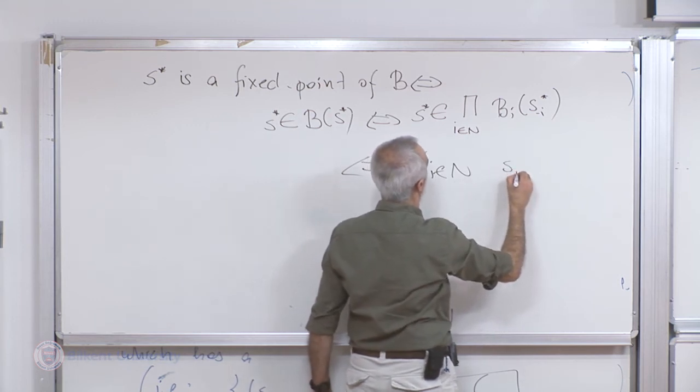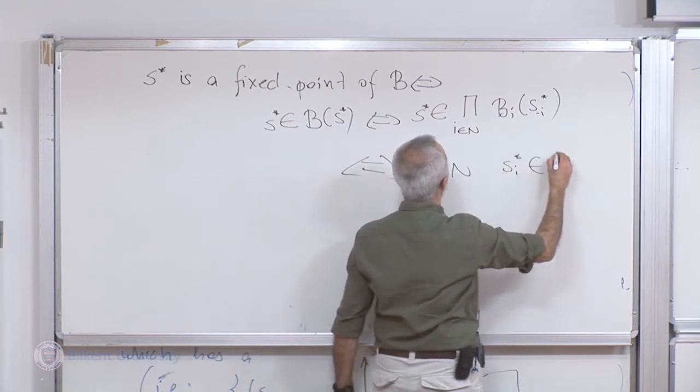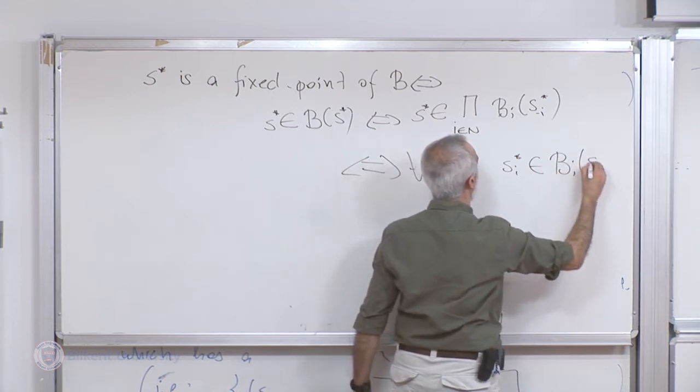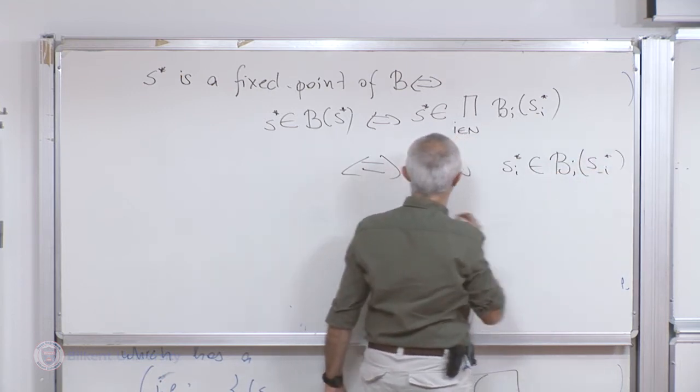So Si star is an element of Bi of S minus i star.